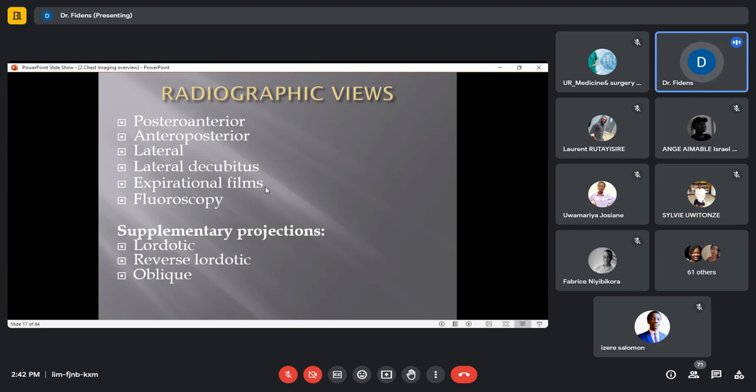Other views that are done very rarely are the aortic view.